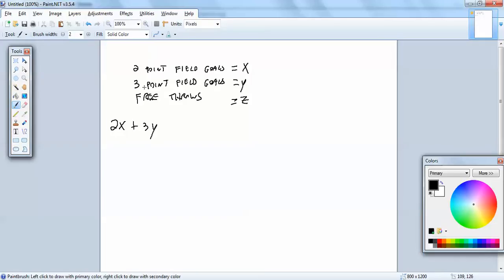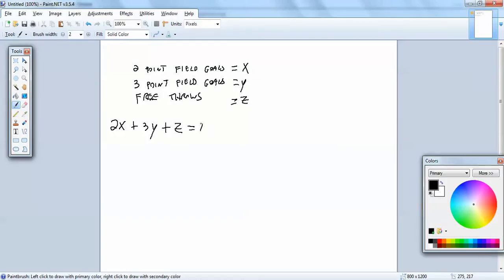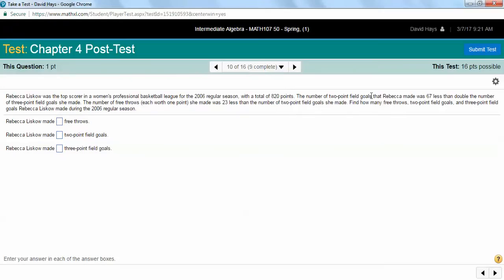These are worth 3 points, so 3 times y plus free throws. That, remember, is just worth 1 point. Equals 820.